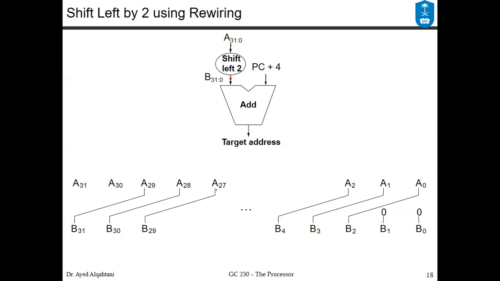You continue until you reach A29. Notice that A27 will go to B29, A28 will go to B30, A29 will go to B31, and A30 and A31 will be dropped. We are not going to use them. In this way, we just shift it left by 2. So you can see that shifting left in hardware is very easy. You just reroute the wires.